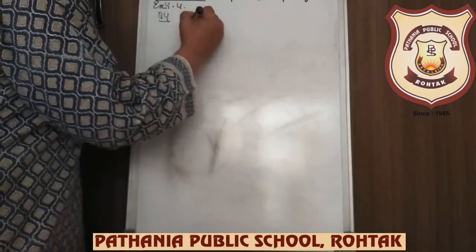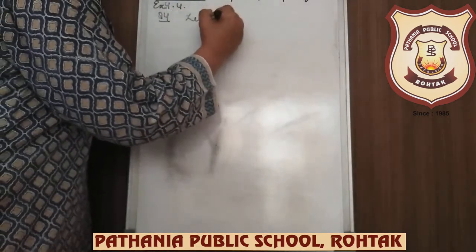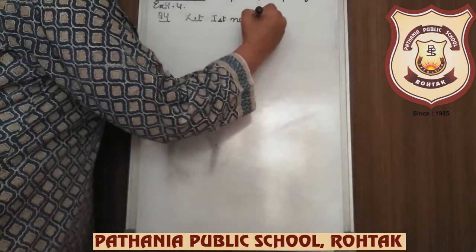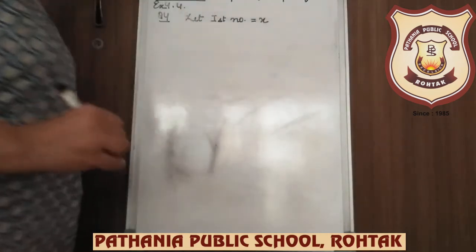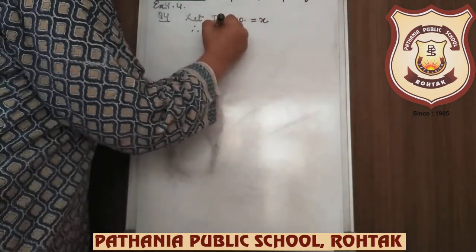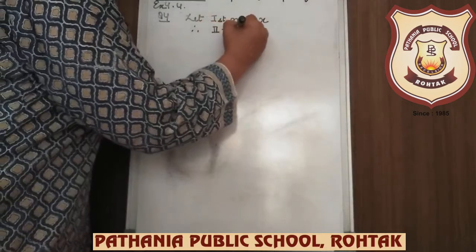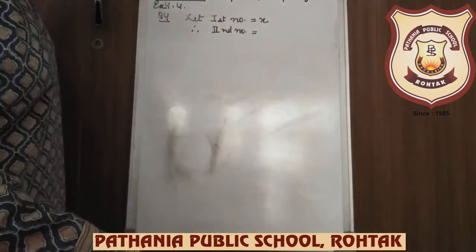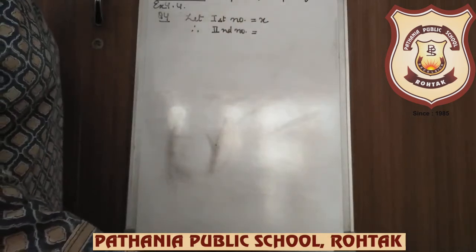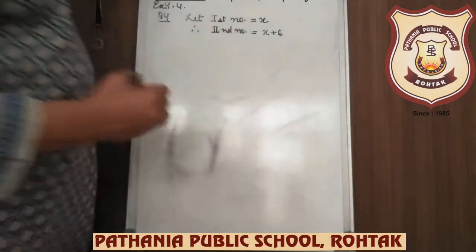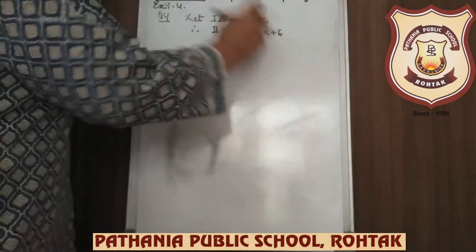So let the first number be x. Therefore, the second number is 6 more than the other. 6 more means you add 6 to it. So you have got the two numbers.